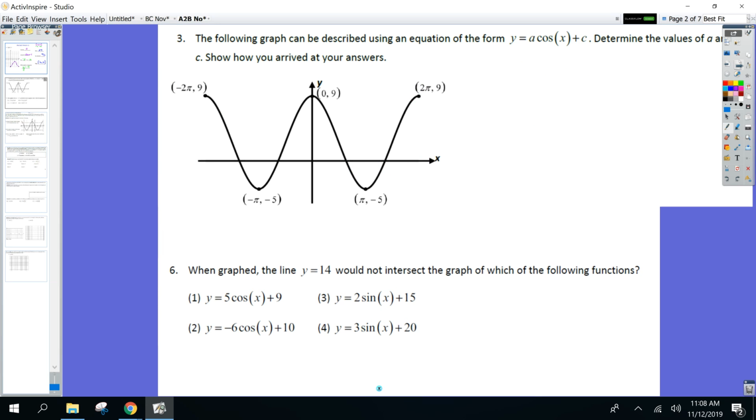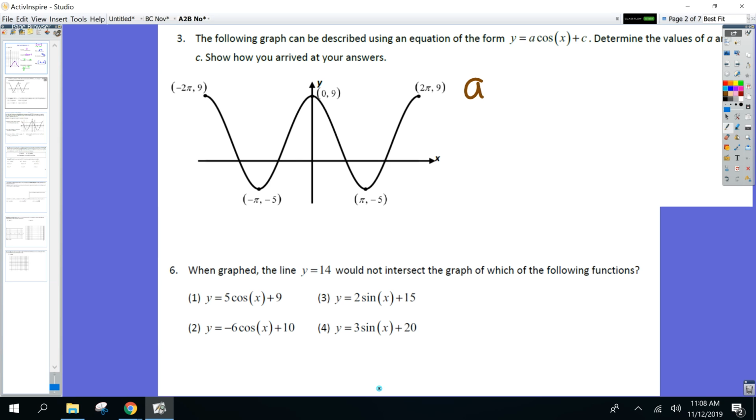Go to number 3. Question 3, please. Okay, these are the 2 formulas you need to come in to remember. This is a cosine curve.